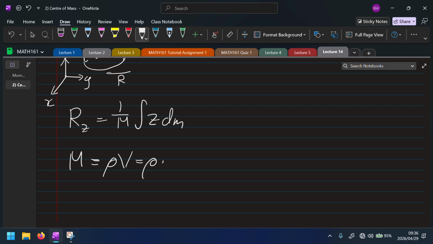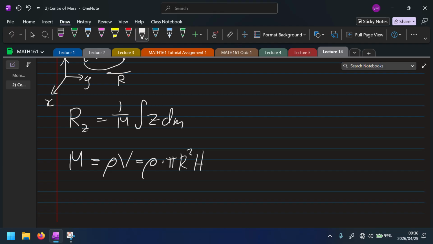What's the volume of the shape? Cylinder? You have to know these simple ones. In the test, you're going to get some funny shape. You need to know these basic ones first. What is it? Pi r squared h. Okay, so we got our mass m, so we can substitute that at the end there.